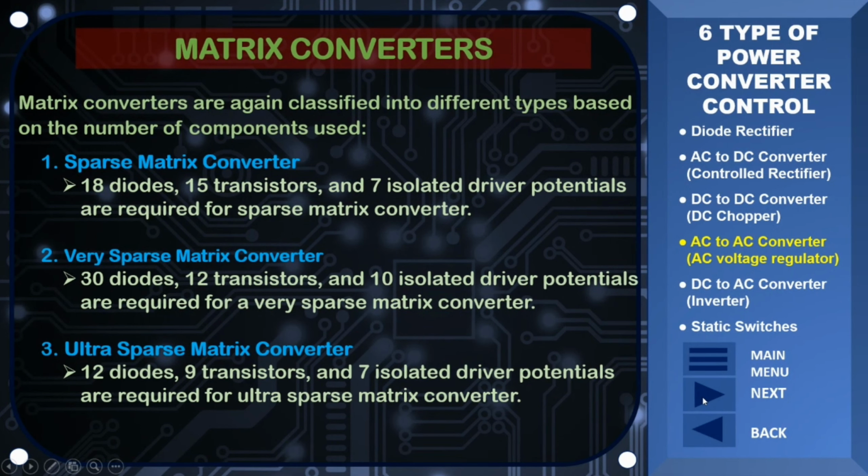Similarly, for the output voltage fundamental and output current it is 30 degrees, and hence these are majorly used for variable speed PSM drives of low dynamics. Ultra sparse matrix converters include 12 diodes, 9 transistors, and 7 isolated driver potentials are required.